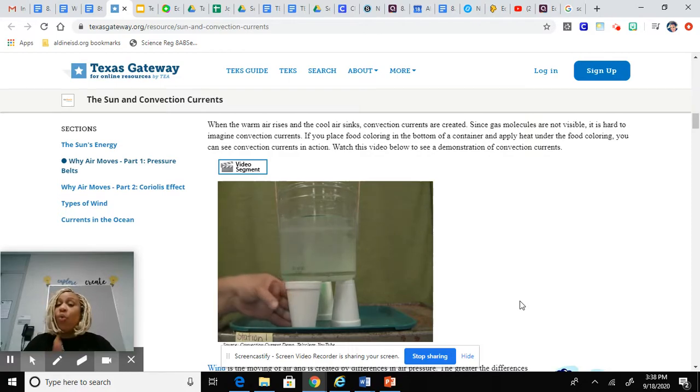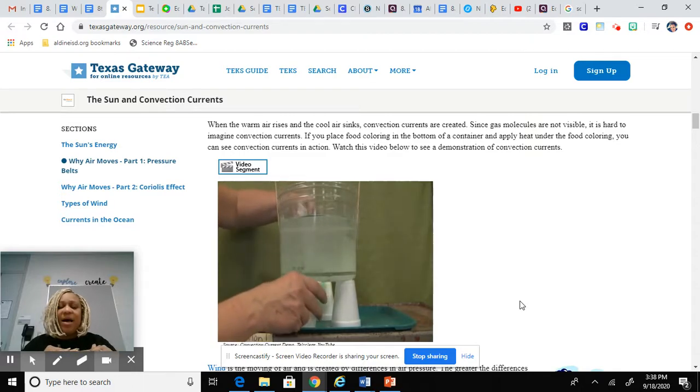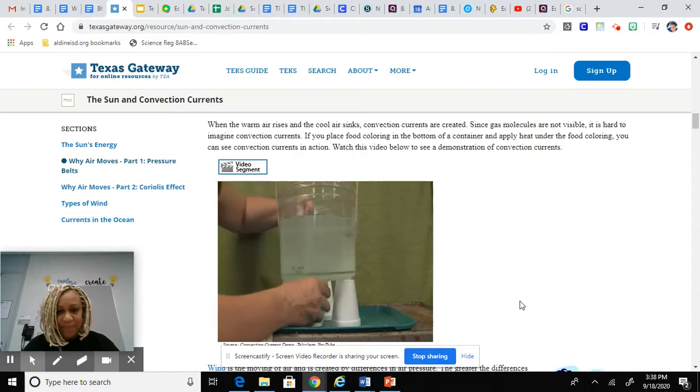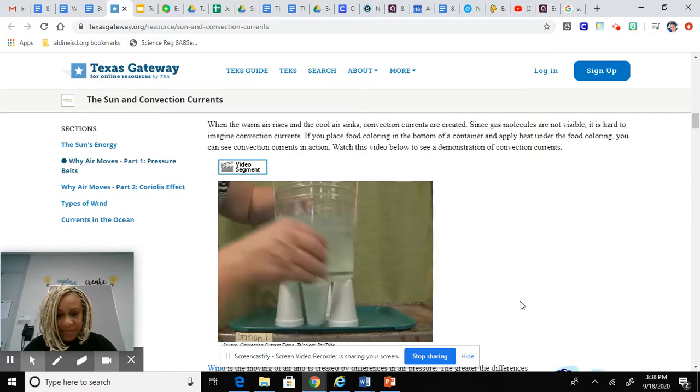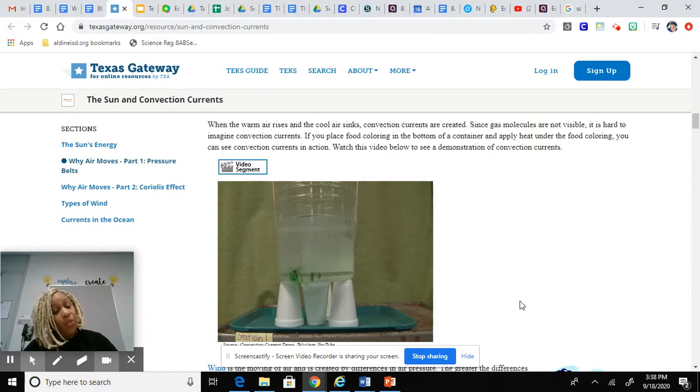Okay, right now it's cool. The food coloring is cool. But now they're going to place hot liquid underneath it. So let's see what happens. Ooh, better be careful. Ooh.